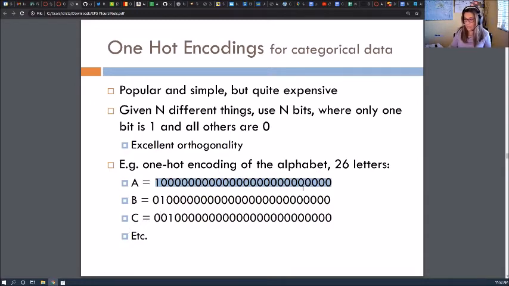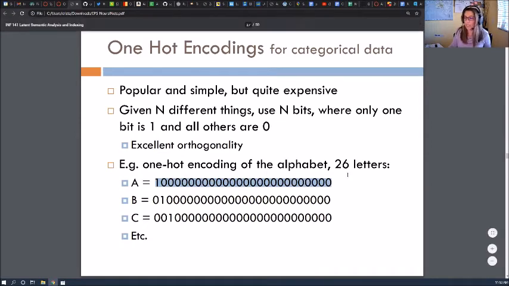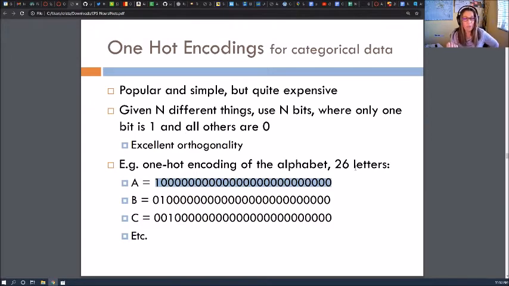Unfortunately, this doesn't scale very well. Letters of the alphabet is one thing, you only have 26. But if you're going to encode words of the English language, then we're talking about tens of thousands of the most popular words, or even hundreds of thousands of words. And now you have to have inputs of size 100,000, and that doesn't scale very well.